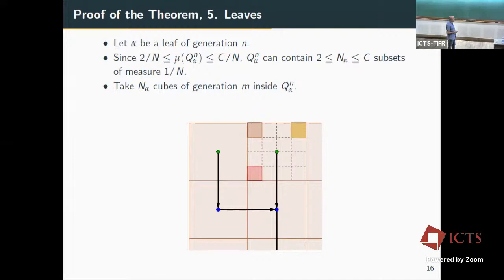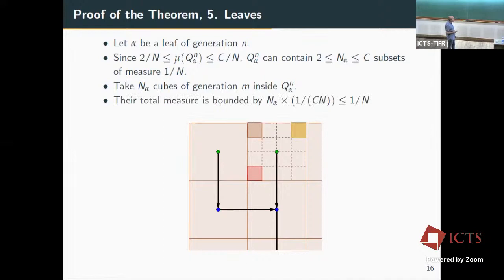So what we're going to do is take n alpha cubes of generation m inside Q alpha n. So these 3 small cubes, in this case n alpha will be 3 in this picture.